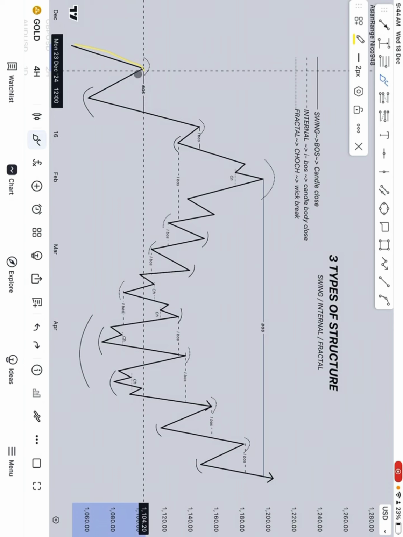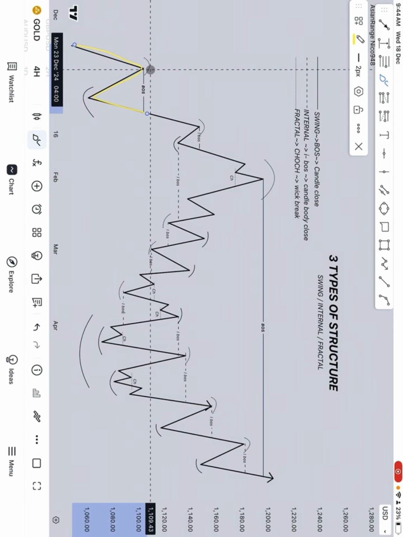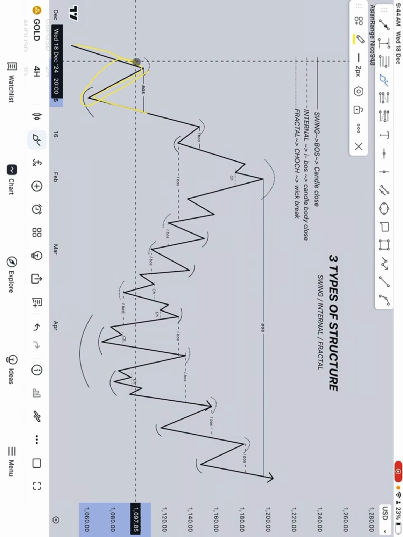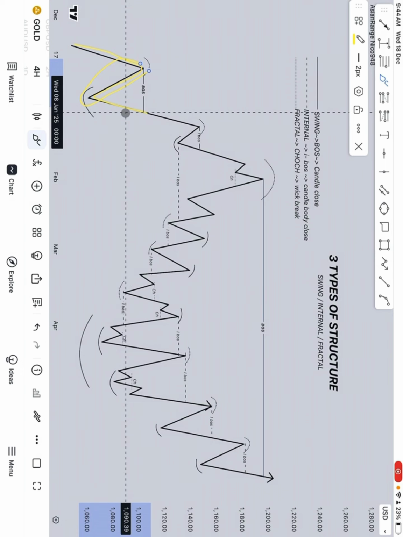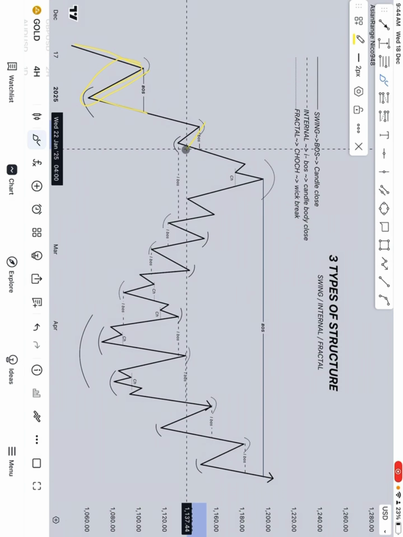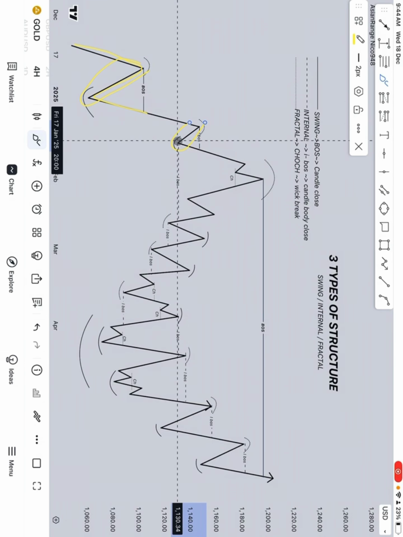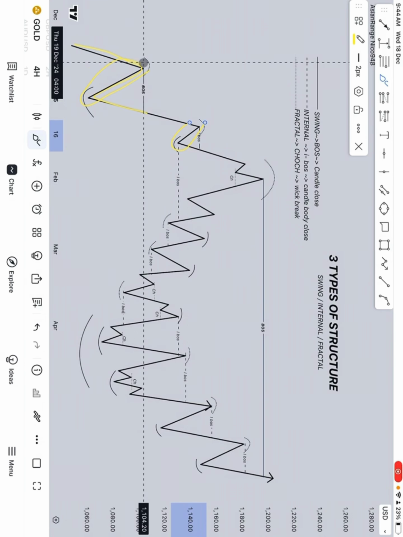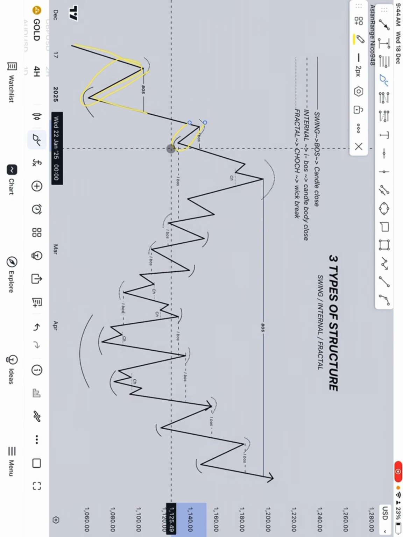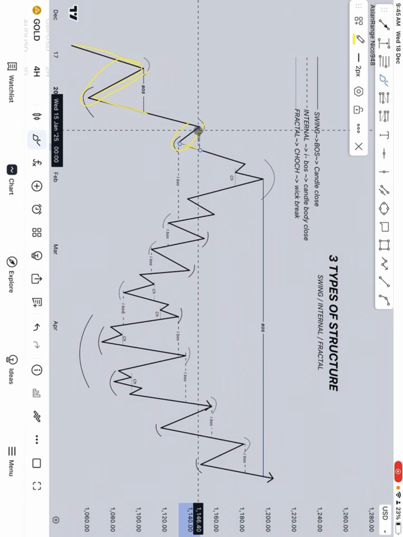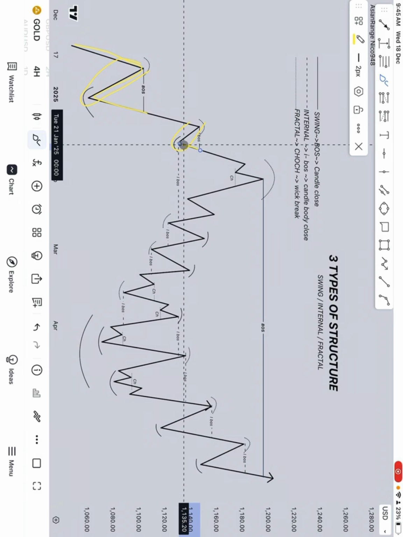The market goes up and you see the retracement, and the retracement is really huge. But when you look at this internal structure, it's significant on your chart, though not as huge as the swing structure, so they are internal. Then when you break up, we call it an internal break of structure.